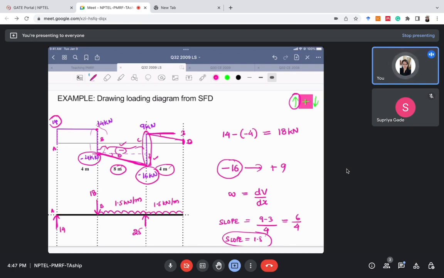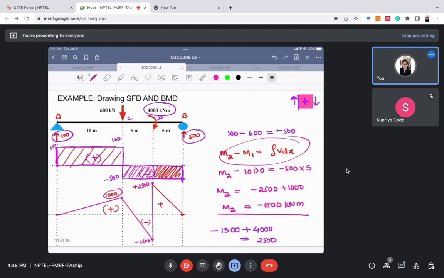When there is a downward point load, there is a drop in the shear force diagram. So here there should be a downward point load, and the amount of that load will be 3 kilonewton. So this is how we will make the loading diagram from the shear force diagram. Okay, so I hope this is clear to you.